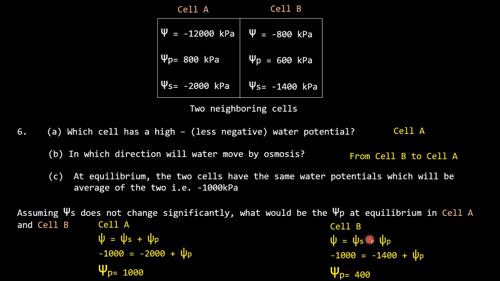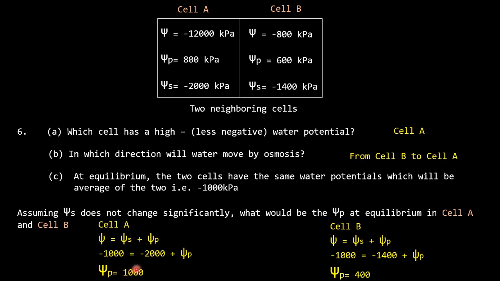Putting the values in, all right? 1,000 here. Cell B has solute potential of minus 1,400 pascals. So it's put in here. So this is what you have, pressure potential. Now look at it. The pressure potential of cell B is 400 pascals. The pressure potential of cell A is 1,000 pascals.